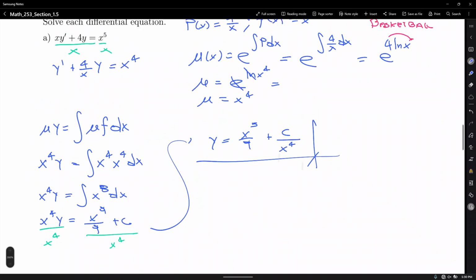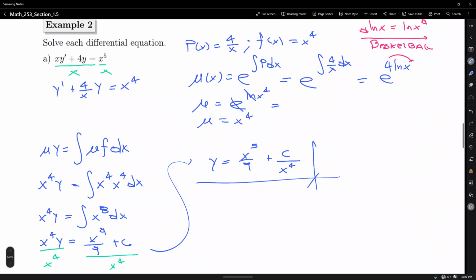And to briefly recap again: number one, make sure the equation is written in a way that the derivative term has a 1 as a coefficient. In this case, we needed to divide both sides by x, or by whatever numerical coefficient we have.